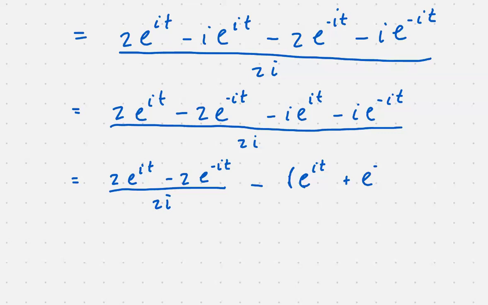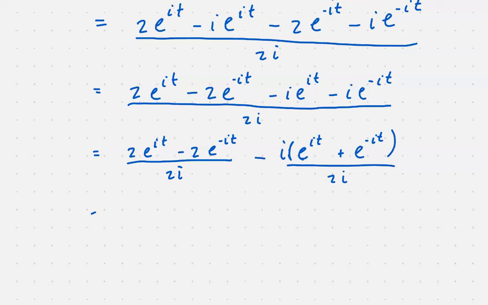So we put I there. We factor out I, negative I. So as you can see, we can also simplify the first term. The 2's here, can cancel them. And this is going to be e raised to it minus e. Oh, no, that's not going to work. You can do that, but we do need the 2 in the denominator.